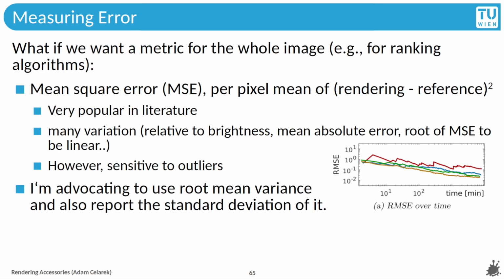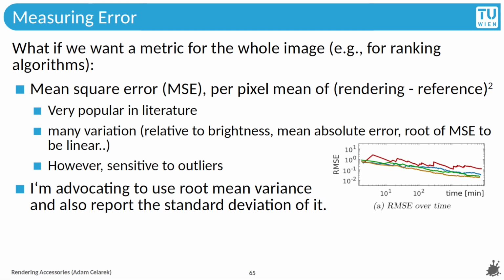Finally, we often want to rank algorithms, e.g. say that algorithm A is better than B according to some metric. Literature often uses mean squared error to do that. That is a per pixel mean of the squared error between a rendering and a ground truth.